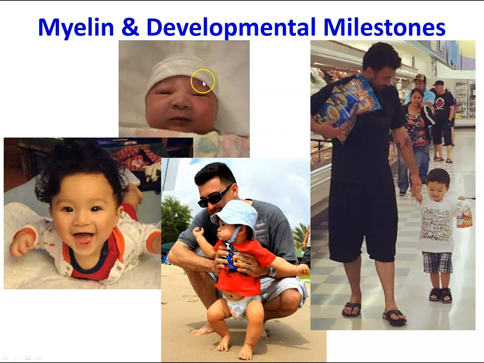When babies are first born, they don't have a lot of myelin covering those long axons. But as myelin grows, that's when you hit a developmental milestone. Jace can do the Superboy because he has enough myelin to engage the skeletal muscles appropriate for this motion.